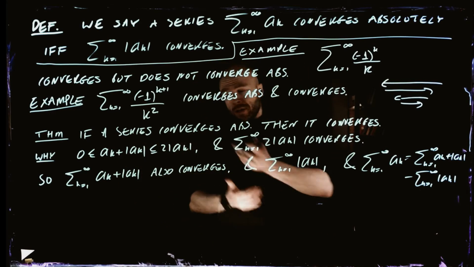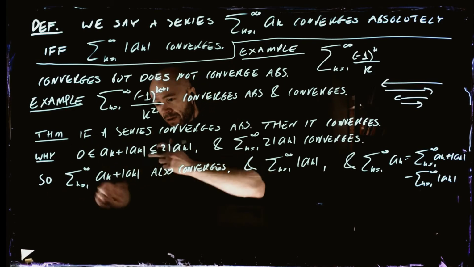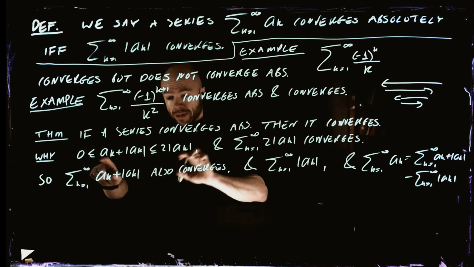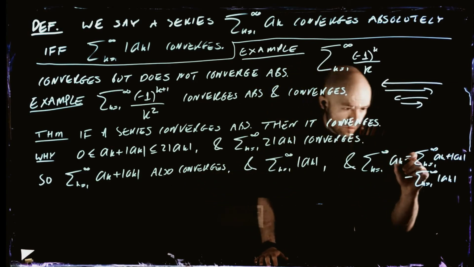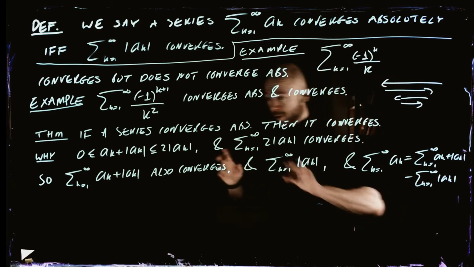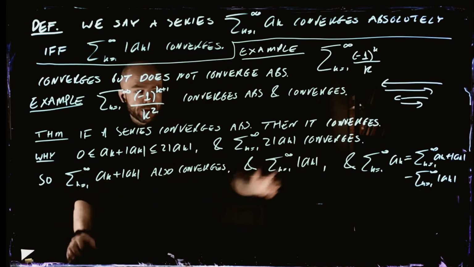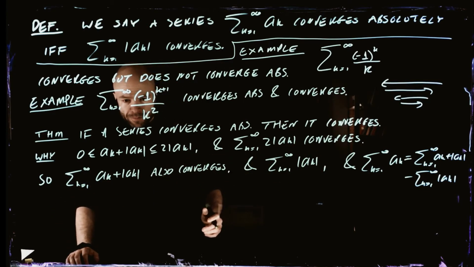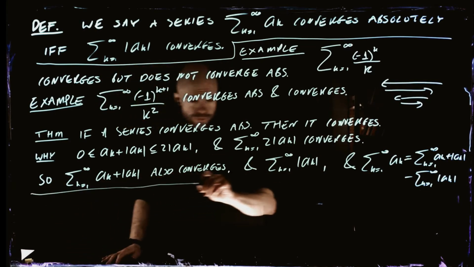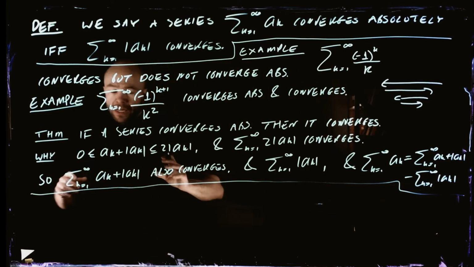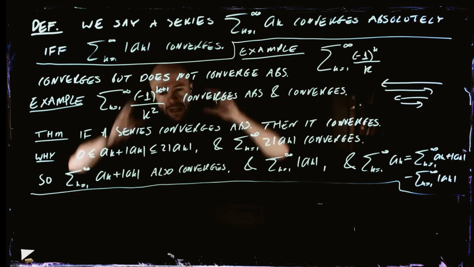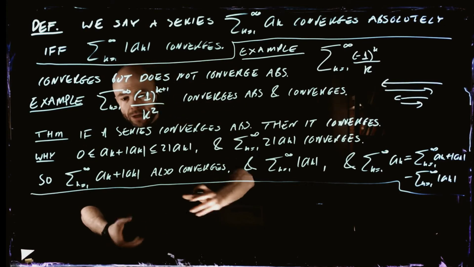This is all pictures, but because I have a lot to cover, I'm not going to draw what this says. I'm using the language now, and I'm not going to explicitly turn it into pictures. In terms of the language, this is rather quick and easy to see. What does that mean? That means that converging absolutely is a more special property than converging.